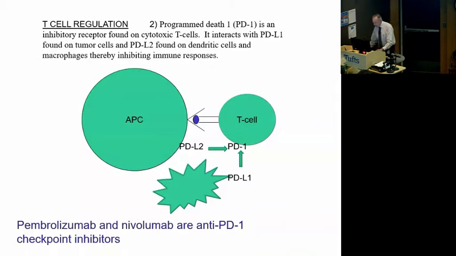So here's an antigen-presenting cell presenting to a T cell, and now the T cell makes PD-1, which interacts with PD-L1 or L2 and turns that down. It's a way of turning off.